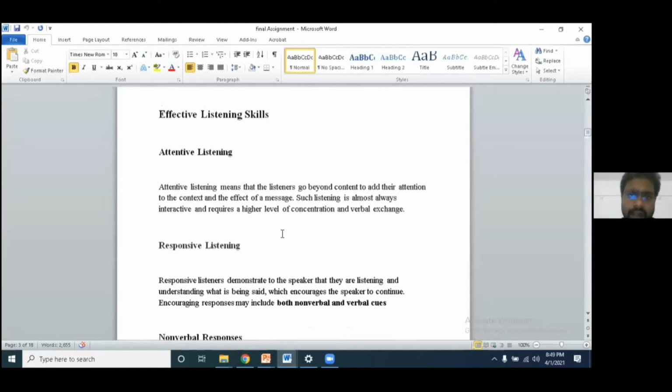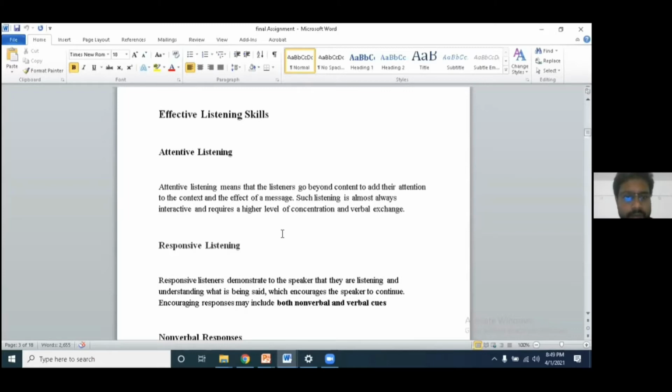You have to be very attentive. What we do when we go to class, a university or a meeting is attend and concentrate on whatever the trainer or teacher says. That kind of listening is attentive listening.